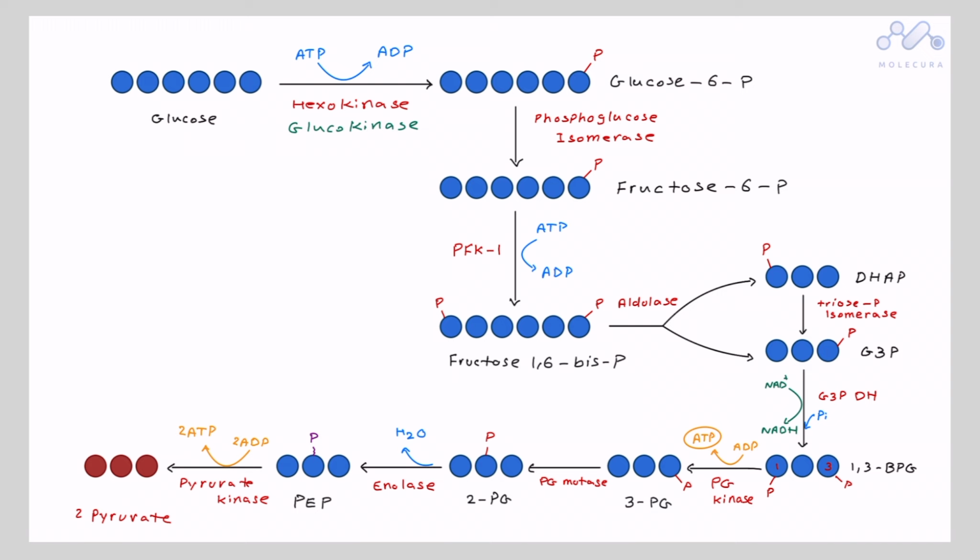The molecule that we have is going to be called phosphoenolpyruvate. Phosphoenolpyruvate has a phosphate group on carbon number 2 that gets removed through the action of pyruvate kinase. This phosphate group is going to go onto ADP to make ATP, 2 molecules in total, and we will be left with pyruvate.